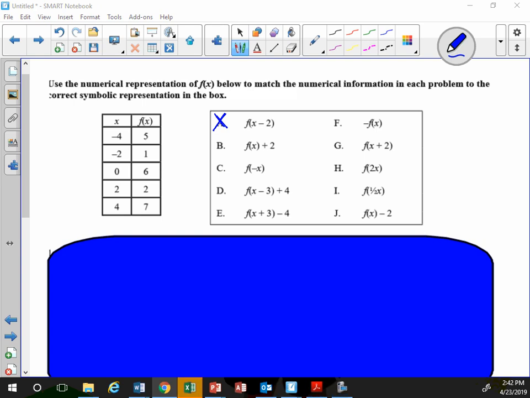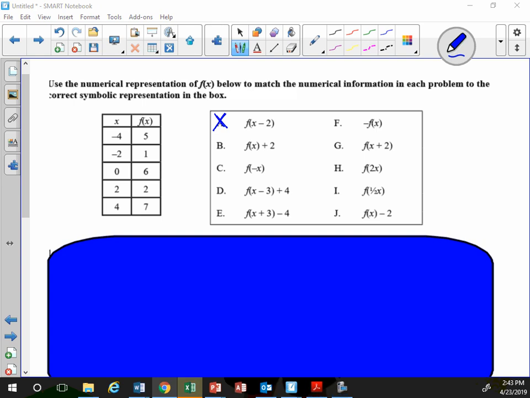So, something like this. Second, you should look across the range.